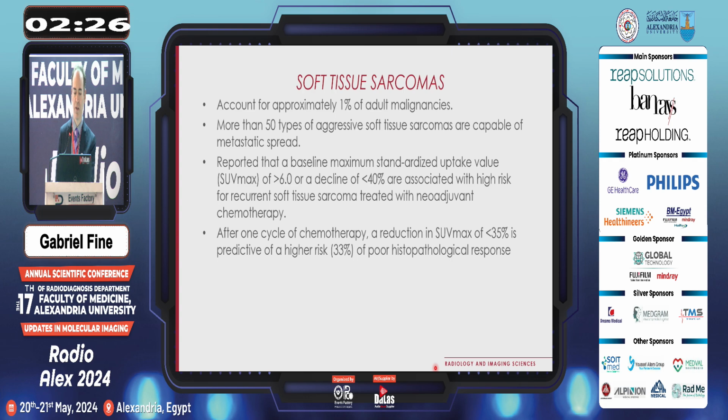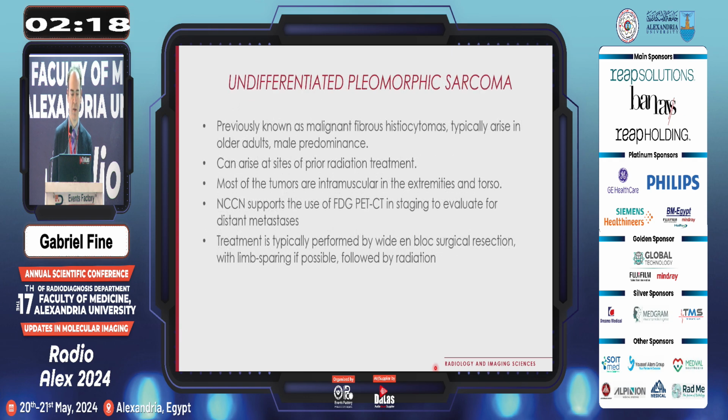After one cycle of chemotherapy, a reduction of less than 35% is predictive of a higher risk of poor histopathologic response.